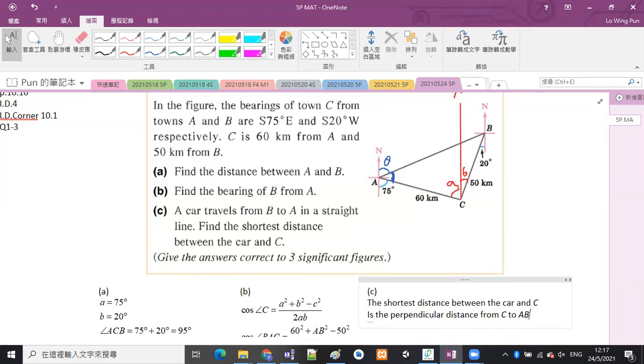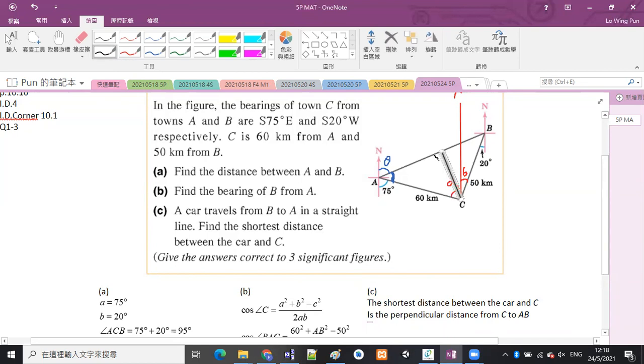From C to AB, so we need to draw a line from C, which is perpendicular to AB first. Okay, let us draw the line from C and then perpendicular to AB like this. Okay, this is a right angle.